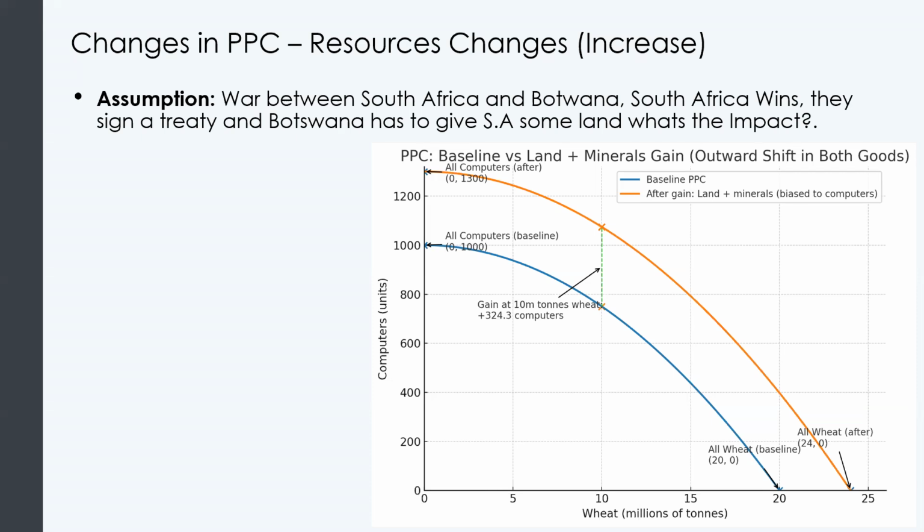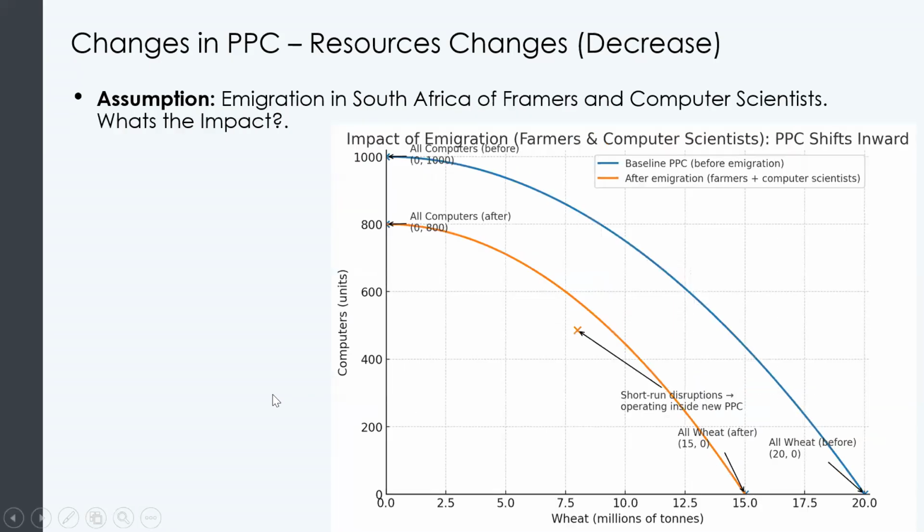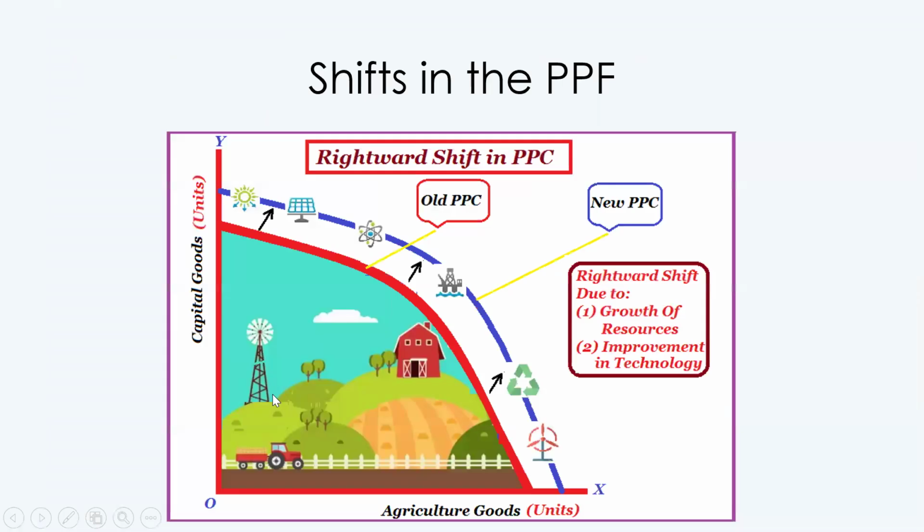So any increase in the resources of the nation will lead to an increase in the PPC of the particular nation that you are talking about. We call that a rightward shift in the PPC. It's mainly because of an increase or a growth in the resources of that particular nation.